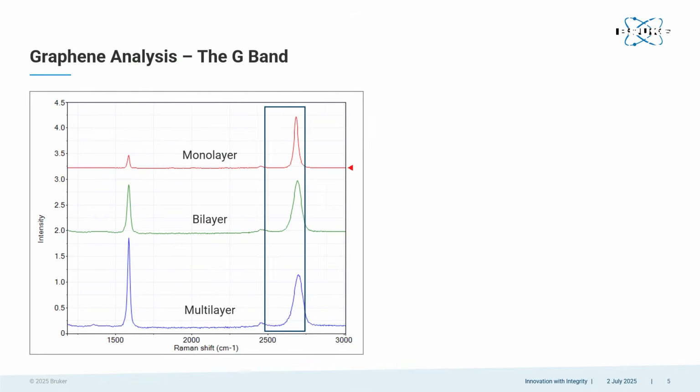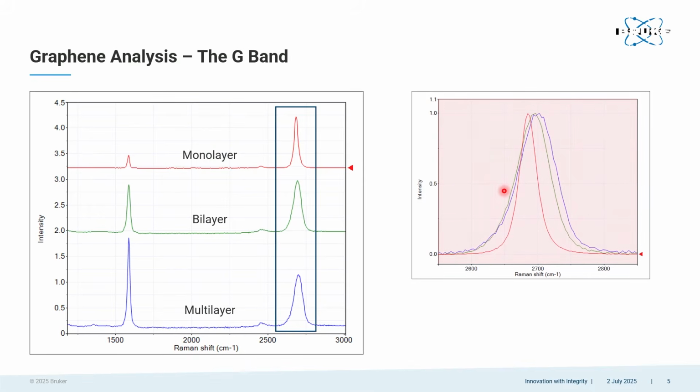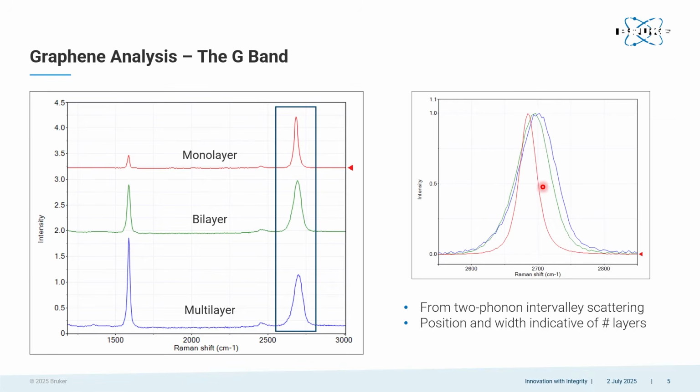If we shift now to the 2D band, we can also see differences between the different layers. The position clearly shifts with the increasing amount of layers. So in red, the monolayer is showing the lowest wave number, and the bilayer and multilayer are shifted to higher wave numbers.